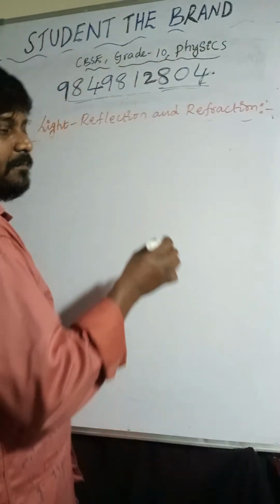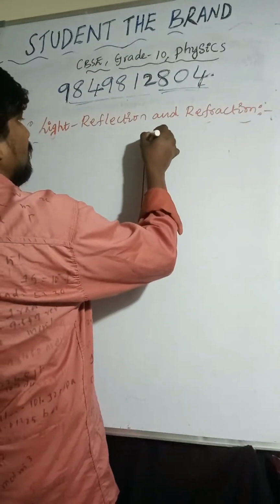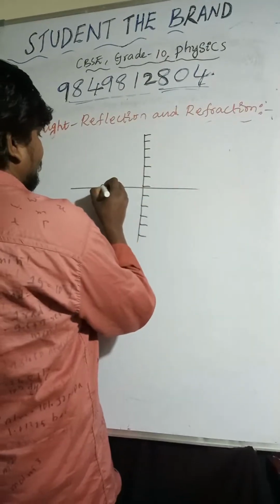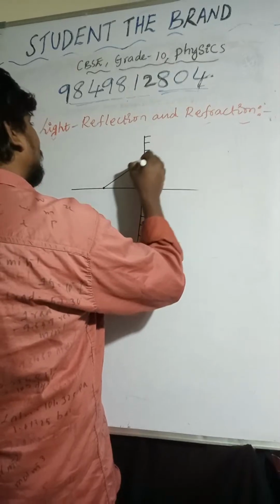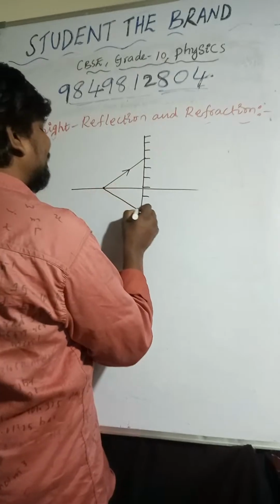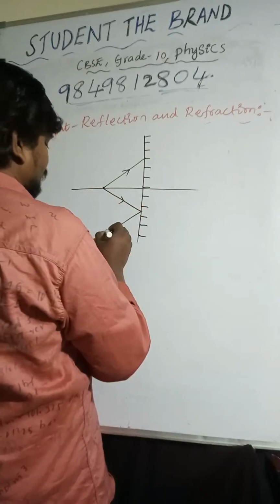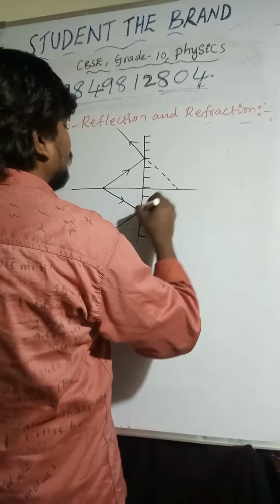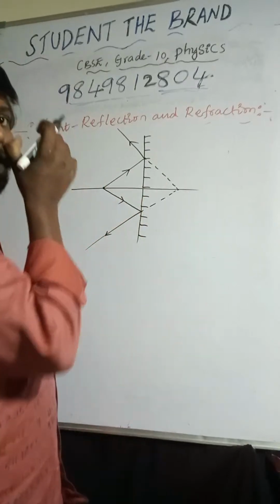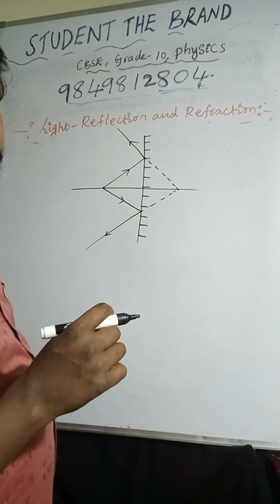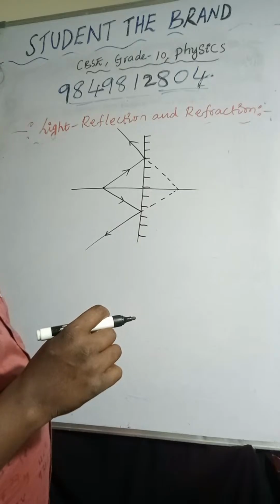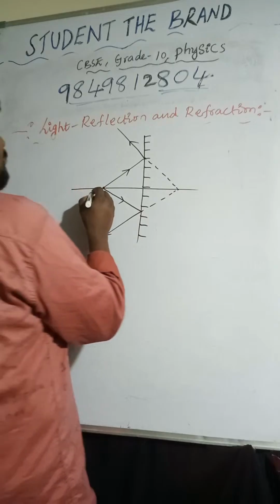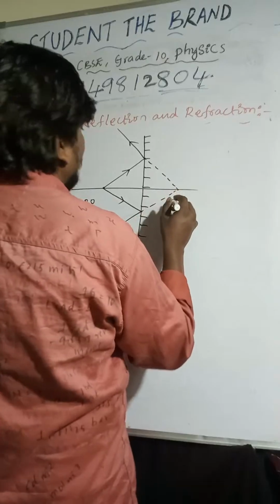So here you can observe, this is a real object, this is a virtual image.